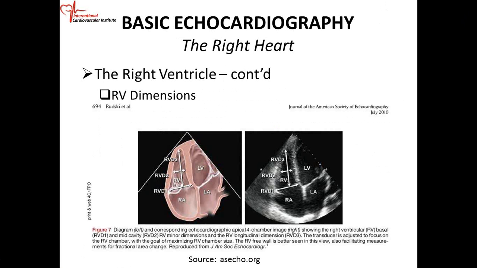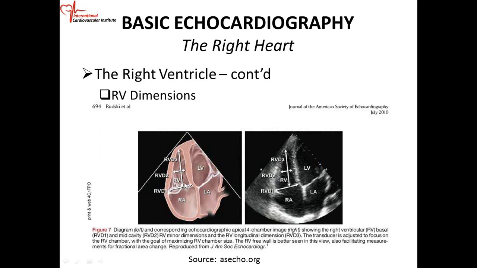You have to know the normal measurements in the right ventricle, and when you measure the right ventricle, it should be an RV-focused view. So you get your apical 4-chamber view, but you modify it a little to focus more on the right ventricle.